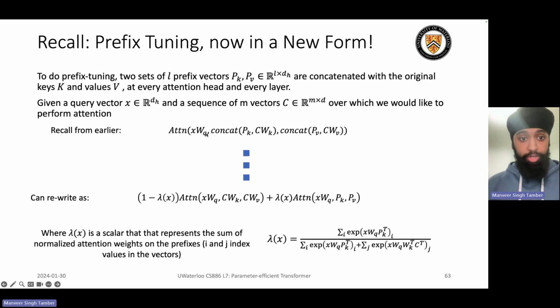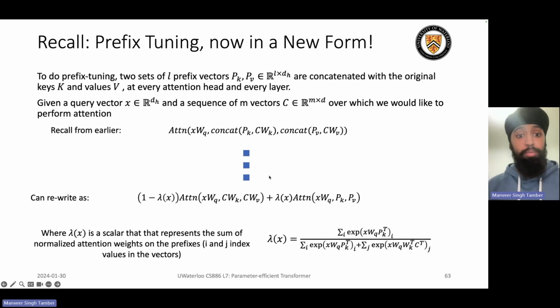We have the queries, the keys, which is a concatenation of P_K and the keys as they would have been otherwise, and the values, which is the concatenation of P_V and the values as they would have been otherwise without prefix tuning.